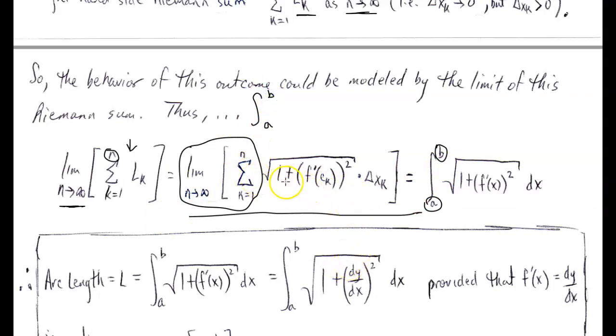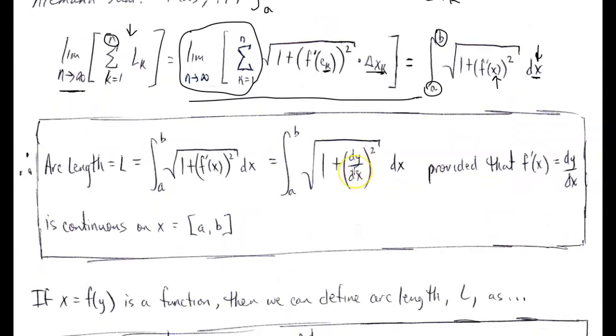And by the definition of the integral, this delta x sub k just ends up being dx, because it's the change as it goes to 0. This is the differential, the smallest possible change in the x values. And the c sub k we would just write as x, because it is just some x value.